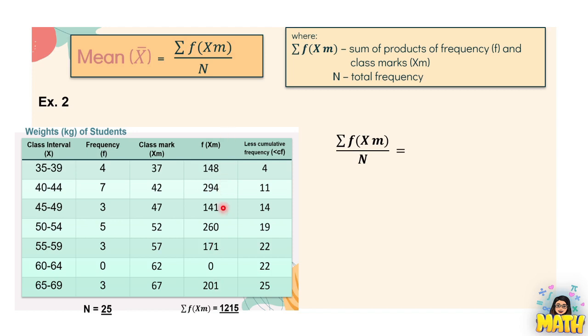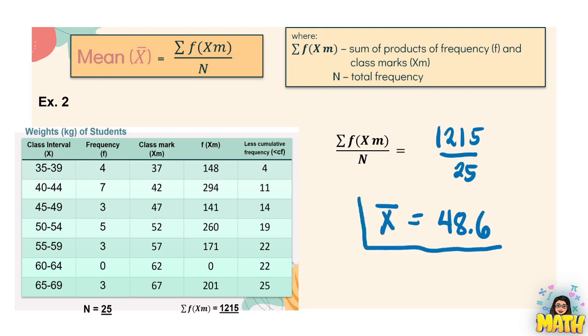We simply add those, and we get this sum. So let's substitute those values in our formula. We'll have 1,215 divided by 25, which is 48.6. The mean or the average weight of the students is equal to 48.6 kilograms.